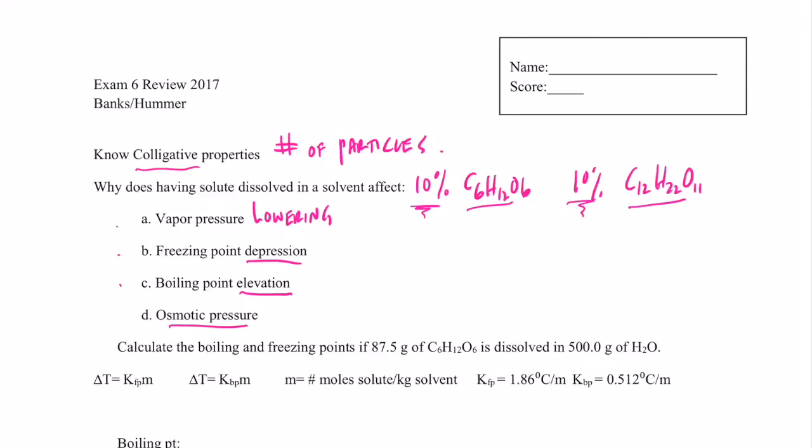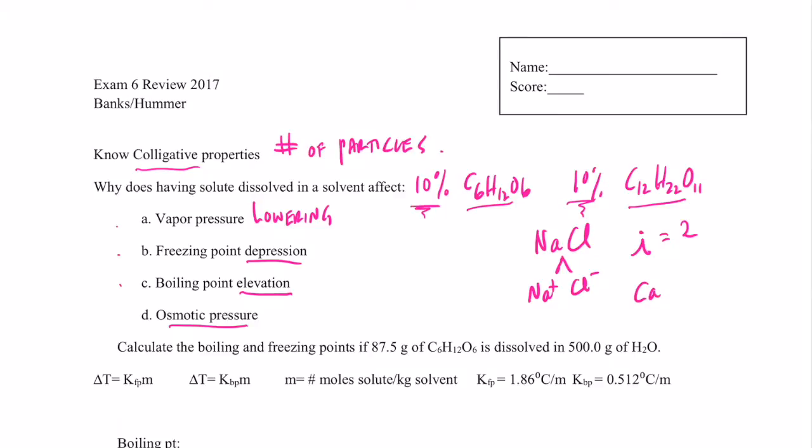Now, we did throw a little wrench in the works here. We talked about the Van't Hoff factor, and if we had a salt like NaCl, that splits up into 2 particles per mole of compound. So we had the Van't Hoff factor equal to 2 for something like that. So that would double the effect for something like NaCl.